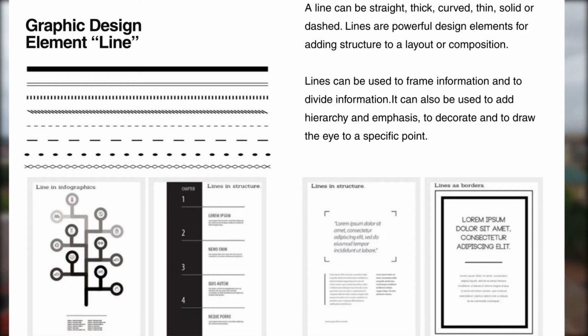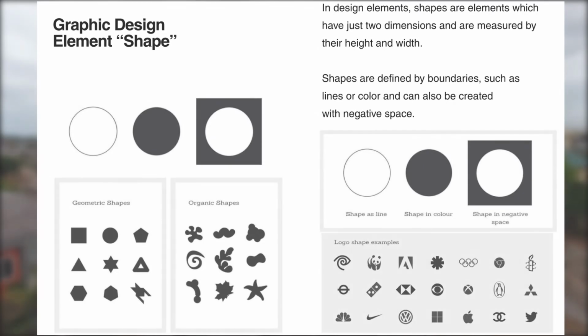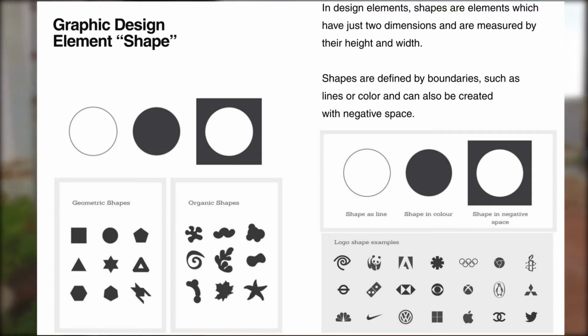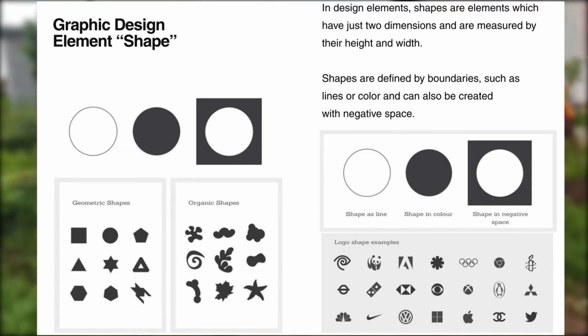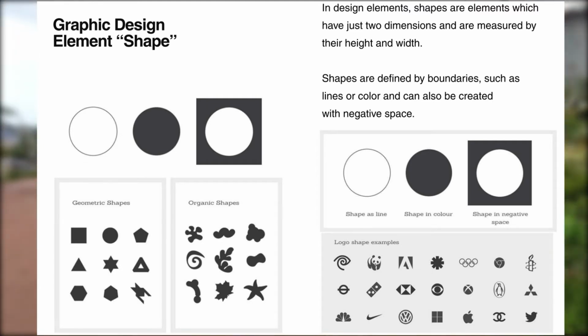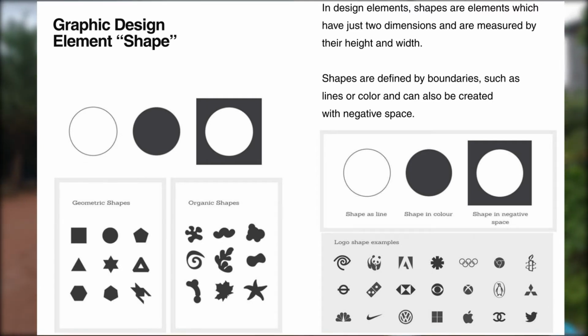Then we have shape. In design elements, shapes are elements which have just two dimensions and are measured by their height and width. Shapes are defined by boundaries such as lines or color and can also be created with negative space.